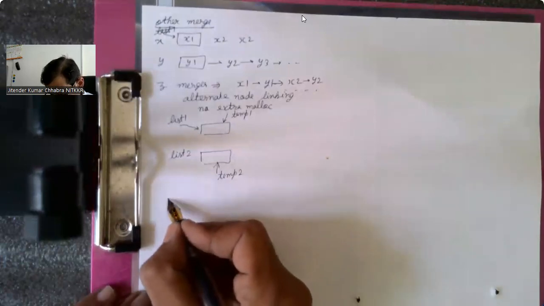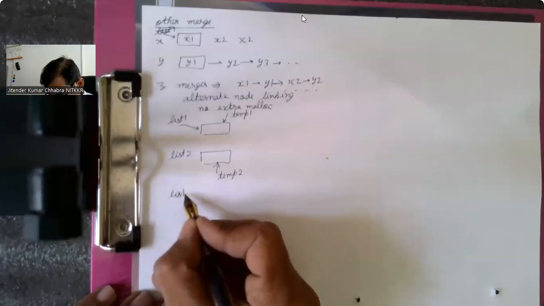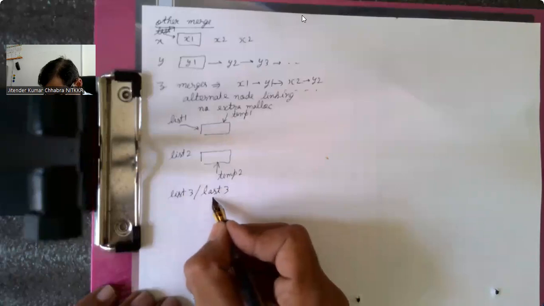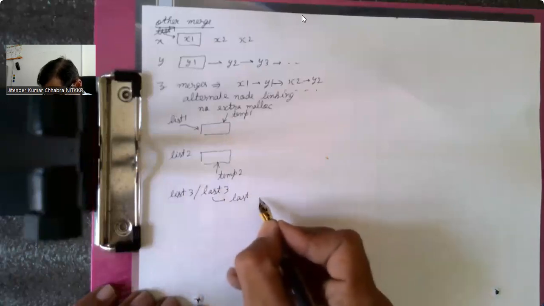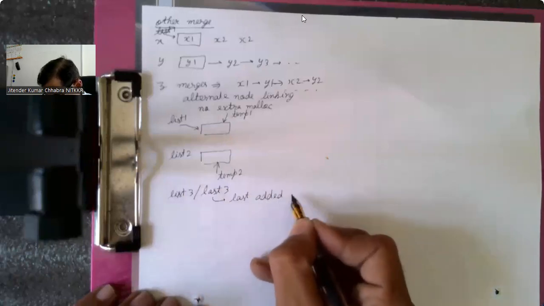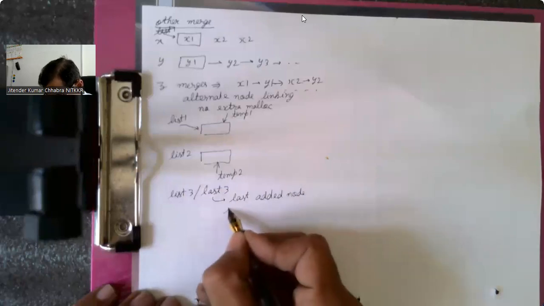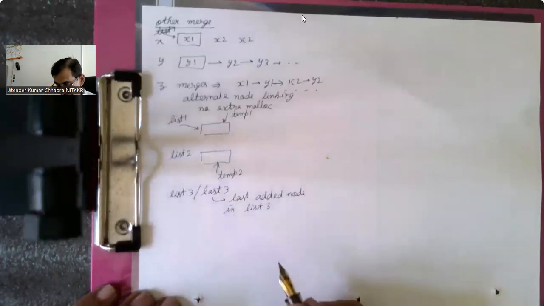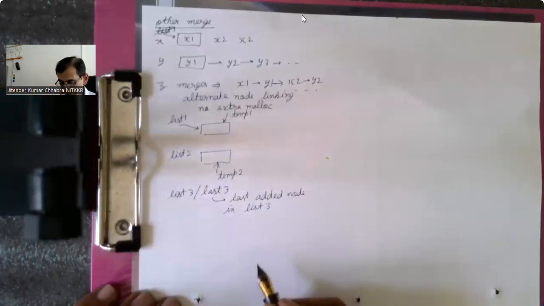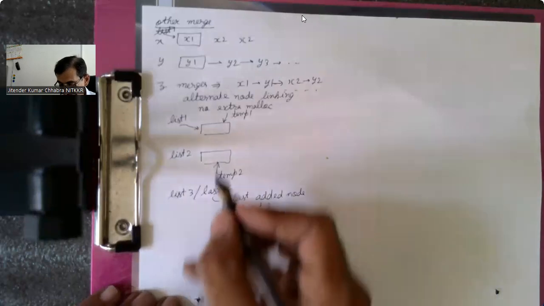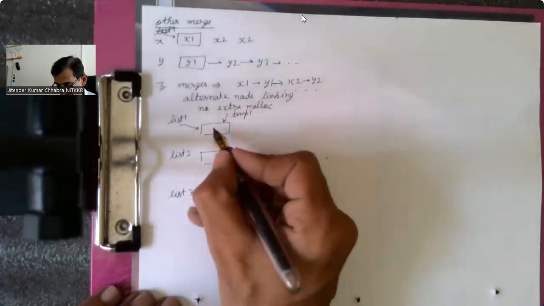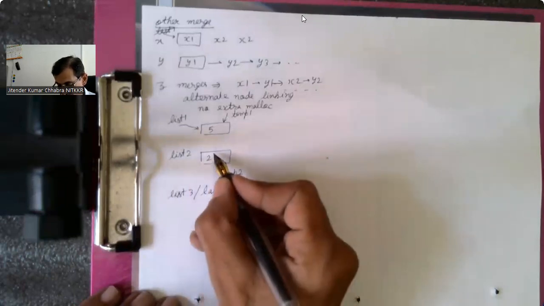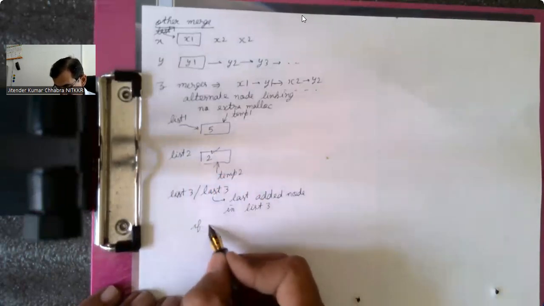And I will say list 3 will be there, and last 3 will always be the last added node in this. Initially list 3 could be null, or there could be a header node and it is done accordingly. But every time, for example in the merge function, this data was 5, this was 2. 2 is lesser, so I will have some if condition.